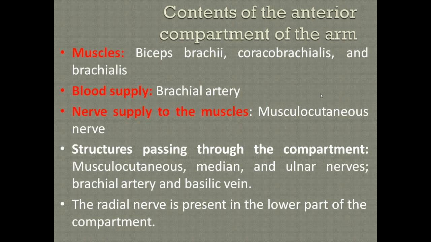Structures passing through the compartment are the musculocutaneous, median and ulnar nerves, the brachial artery, and the basilic vein. The radial nerve is present in the lower part of the compartment. So these are the contents of the anterior compartment of the arm: muscles, arteries and nerves.